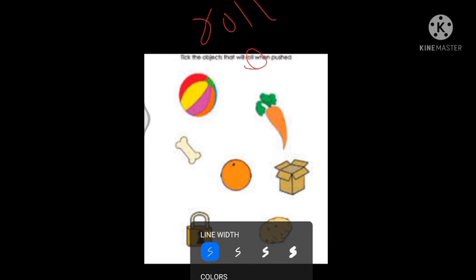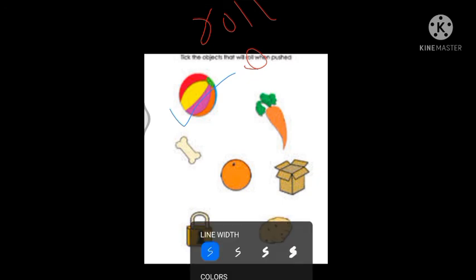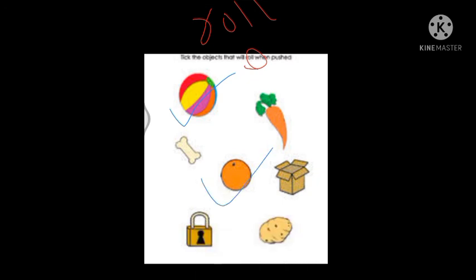So as we got the answer, ball, here I am putting a tick mark on the ball. Okay, now the second one. Tell me beta, which second object will roll? Muhammad. Ball is already ticked. Which is your orange? As you answered, the orange. So yes, the second one is the orange.